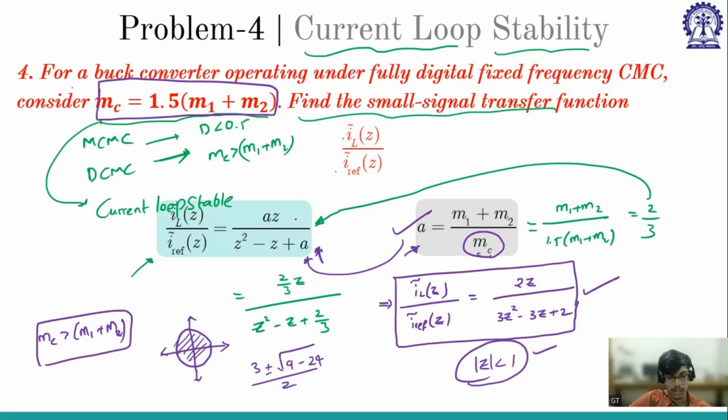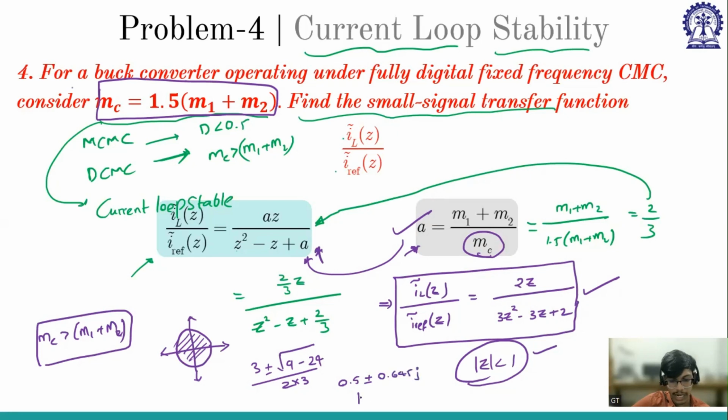If you find the roots, they are 0.5 plus or minus 0.645j. Sorry, I think this is 2 into 3, b square minus 4ac by 2a. Have you calculated the values? This is 0.5 plus or minus 0.645j.